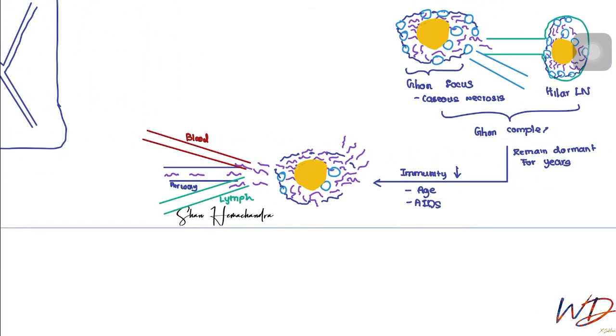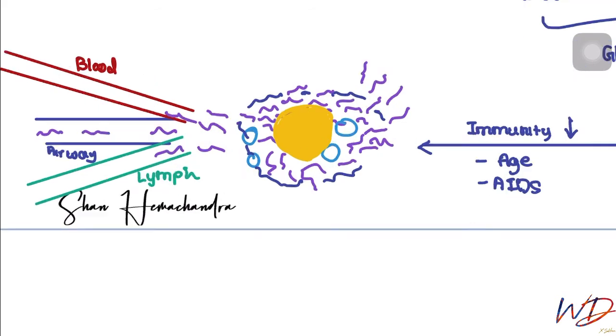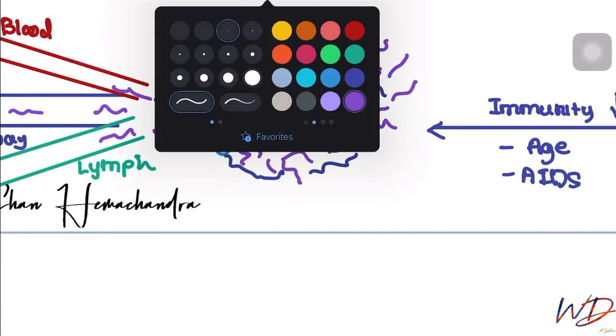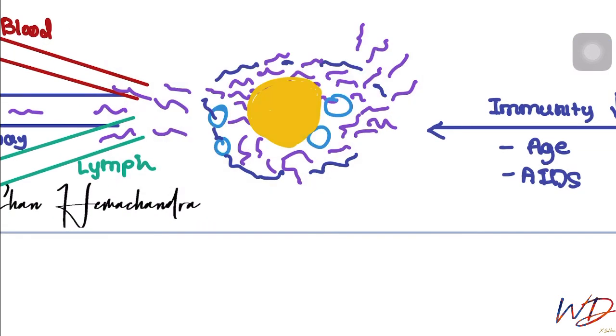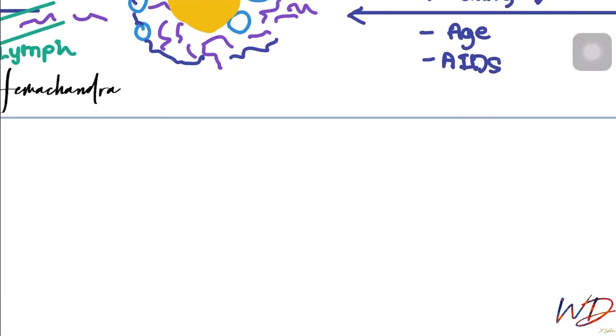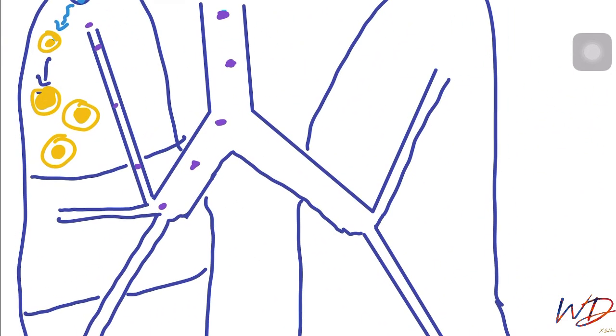And what happened here, which allowed it to spread? It has destroyed the wall. It has destroyed this wall which trapped it. So it will form a cavity. It breaks through the wall, forms a cavity and passes along.